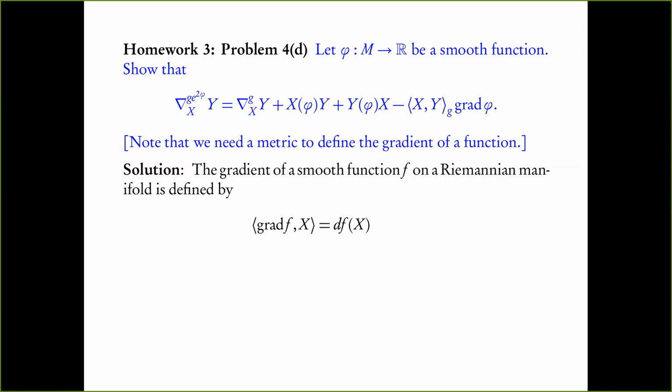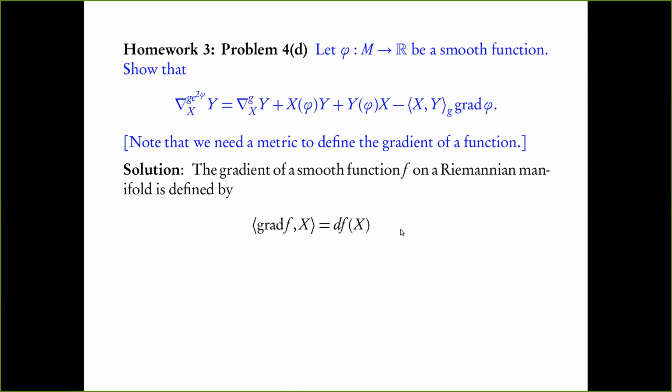Okay? Anyway, to get to the point, the gradient of a smooth function on a Riemannian manifold is defined implicitly by this identity. What is this identity? Whatever this gradient f is, it should be a vector field, and you determine that vector field by pairing it with another vector field x. This is now going to be a smooth function, and you want this smooth function to be nothing but the one form df acting on the vector field x.